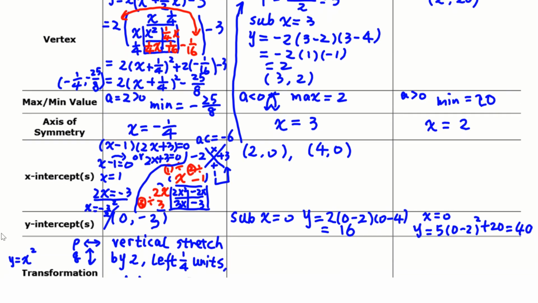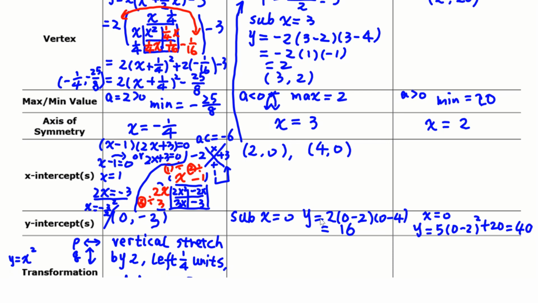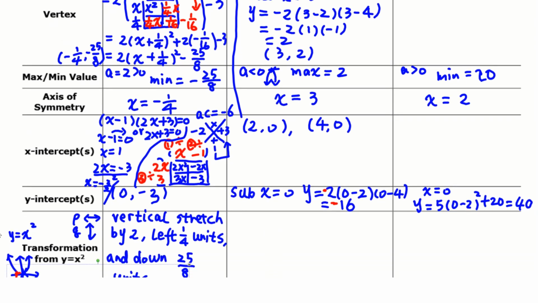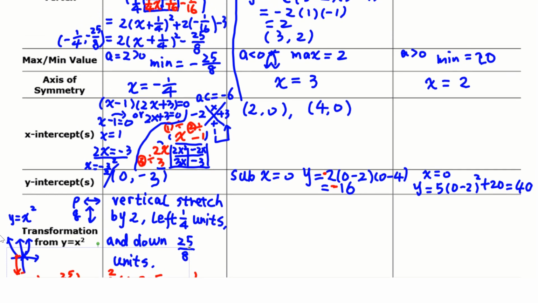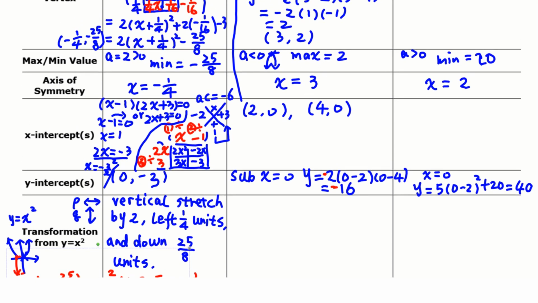Then we are going to do some corrections. This one is negative 2, so we have negative 16. This is the y-intercept. Then we are going to see the transformation. From the vertex we have 3, 2. So a equals negative 2, p equals 3, q equals 2.